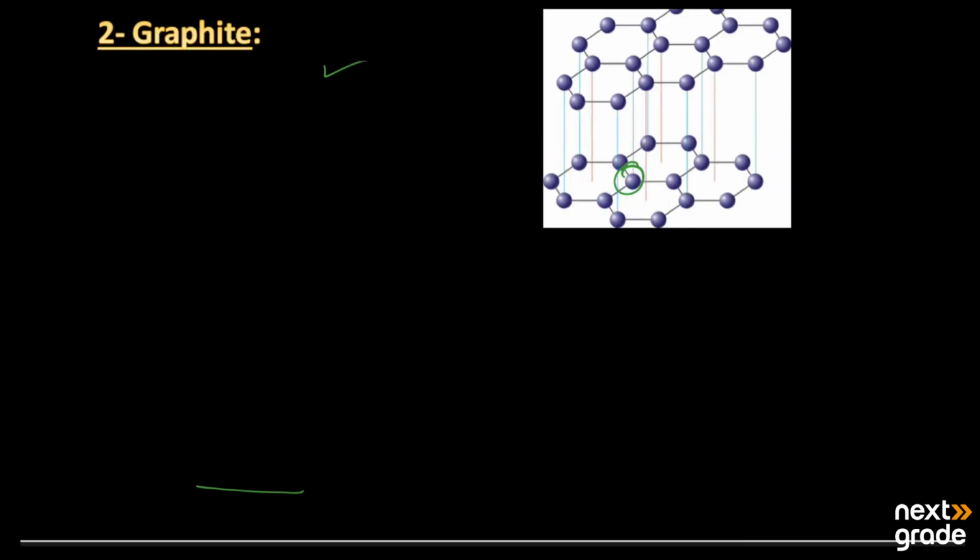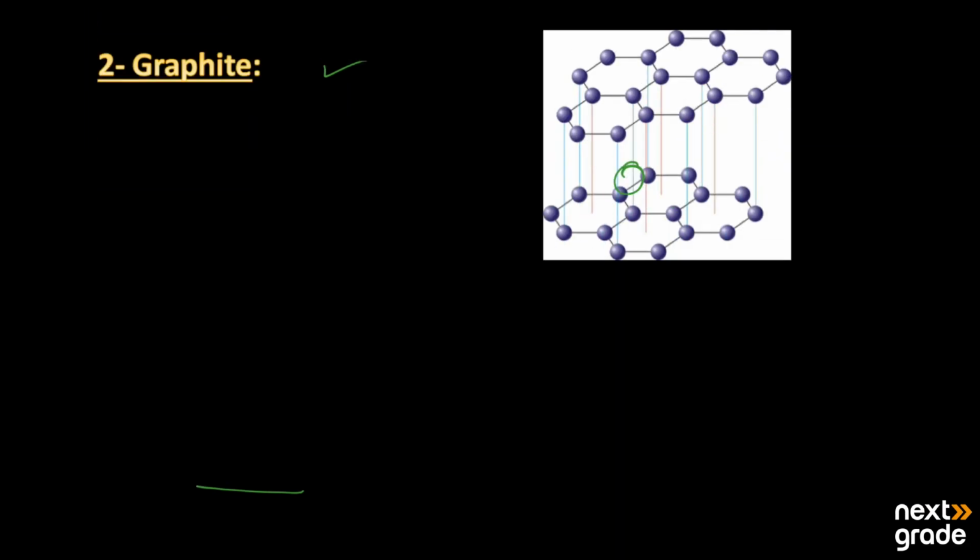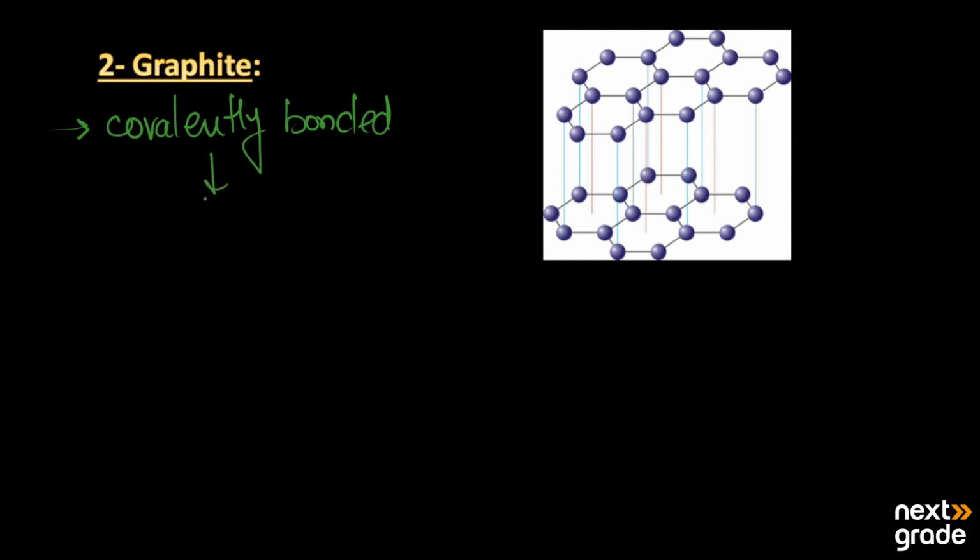Next we have the second allotropic form of carbon, which is graphite. What is its structure? In graphite, each carbon atom is covalently bonded to three other carbon atoms, so it has three bonds with other carbon.